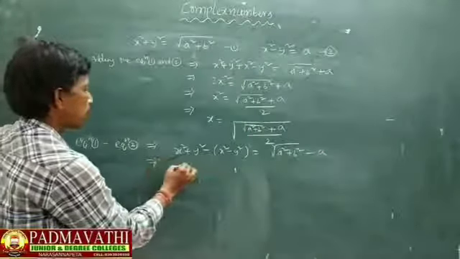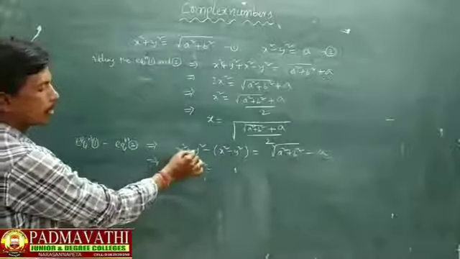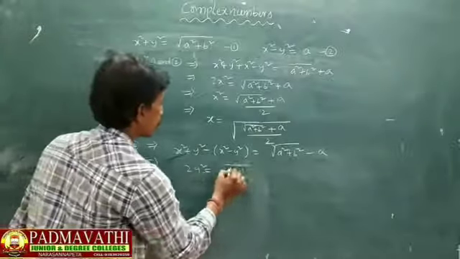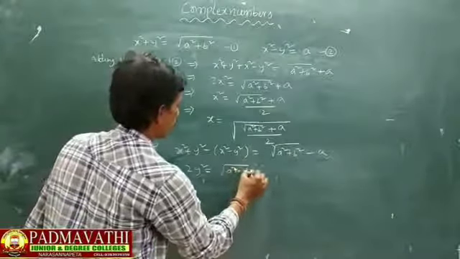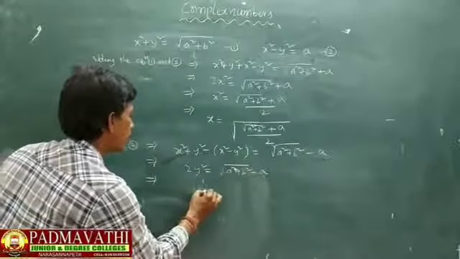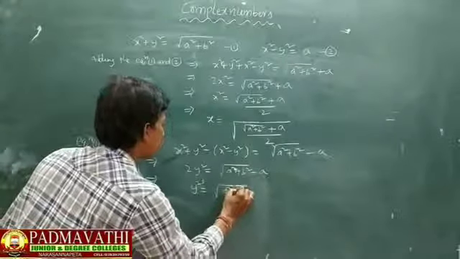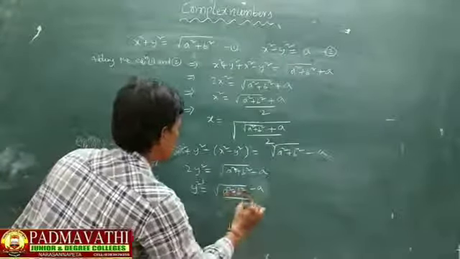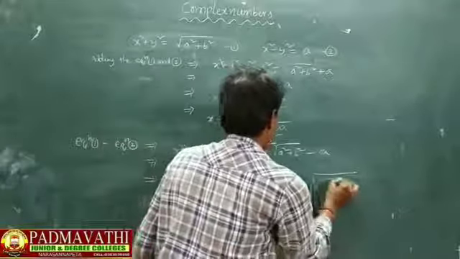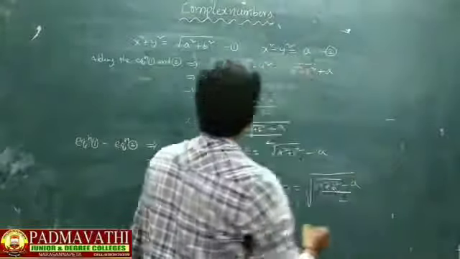That implies 2y square equals root of a square plus b square minus a, because minus x square plus x square cancels and y square plus y square is 2y square. So y square equals (root of a square plus b square minus a) by 2, which implies y equals the square root of ((root of a square plus b square) minus a) by 2.